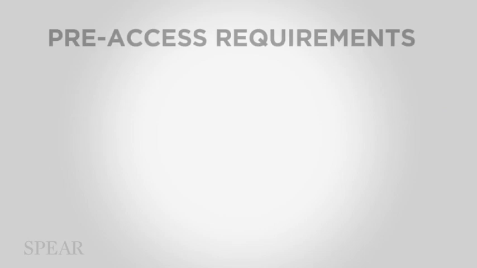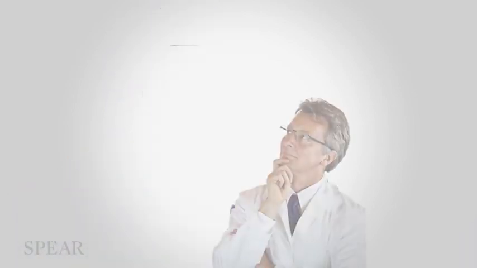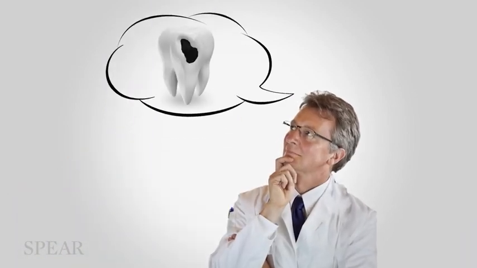Perfect. And the first thing, which we discussed also in our diagnosis course, is proper diagnosis. It's really critical that you have a pulpal and a periapical diagnosis before you actually set a burr to the tooth. You never want to be in a situation in which you are having a little bit of doubt about whether this tooth requires endo or not.